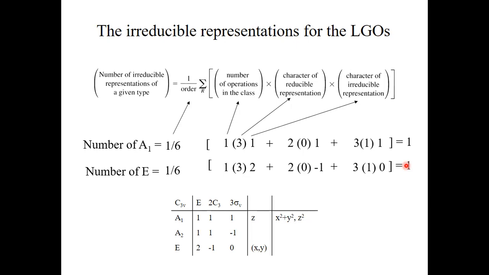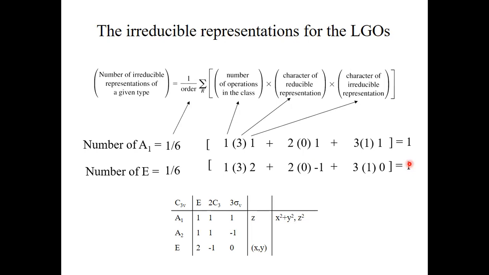Because of that, our result means that we have double the number of ligand group orbitals, not just one, but actually two. And that means we have found the symmetry types of all our three ligand group orbitals. One has the symmetry type A1, and the other two have the symmetry type E. That also gives us the information that we have two ligand group orbitals which are double degenerate.